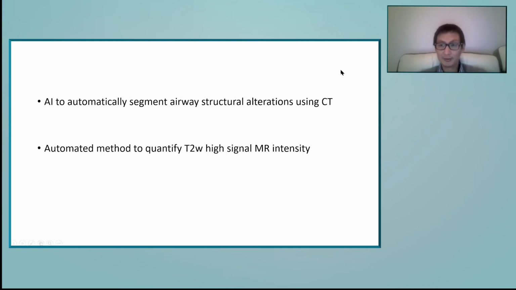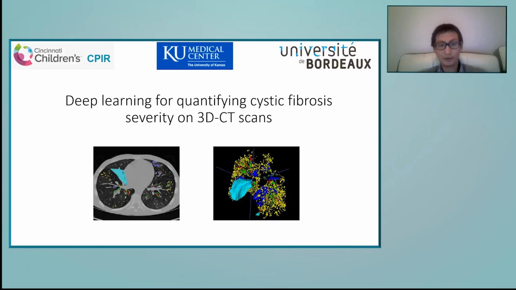And then I have selected this work about the quantification of T2 weighted MRI signal intensity, because there is an overlap with interest in a black blood weighted sequence as well. So the first work was made in collaboration with two US universities, the Center of Cincinnati in Ohio and the Center of Kansas in Texas.